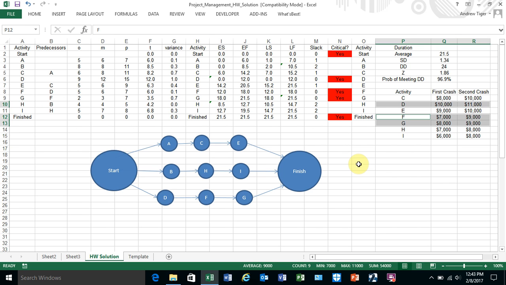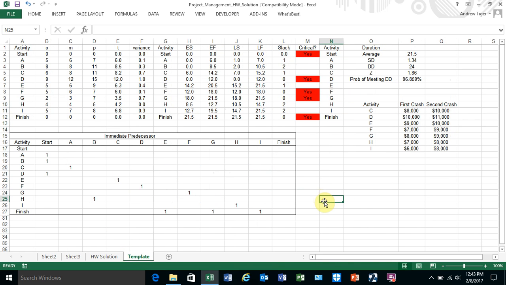I've got a bonus for you. I'm going to post this solution because I have developed a template that you can use on the test, or use later. It doesn't have too many activities you can put in, but you no longer have to calculate the earliest start and the latest finish on your own.